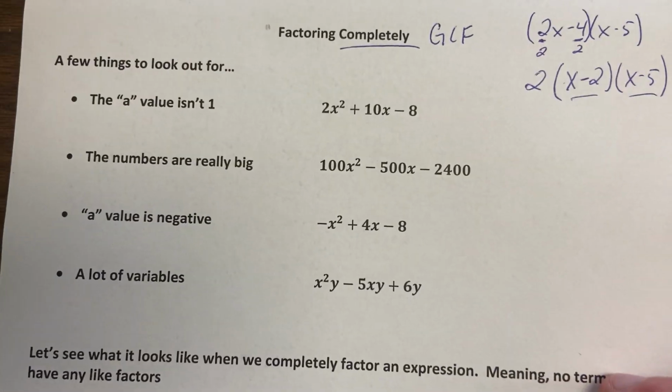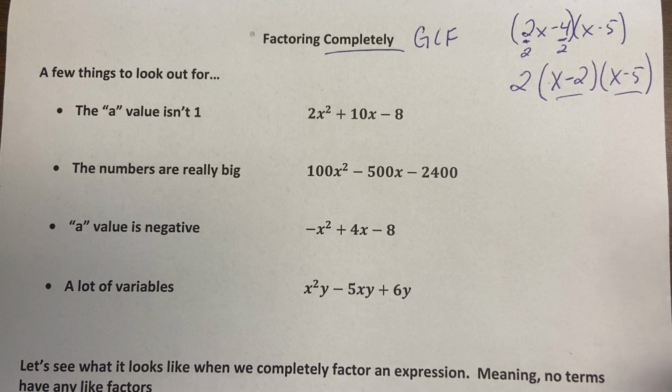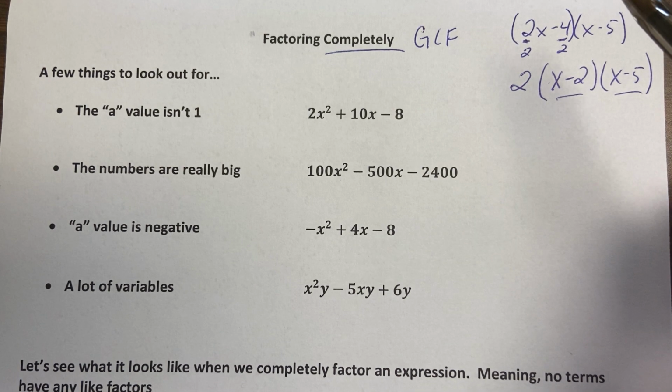So as we get going, there are some things to look out for. You're not limited to just these 4, but these are usually the 4 main things that a test or an assessment throws at you when it asks you to factor. One thing to refer to is the A value, which is the coefficient of the x squared.